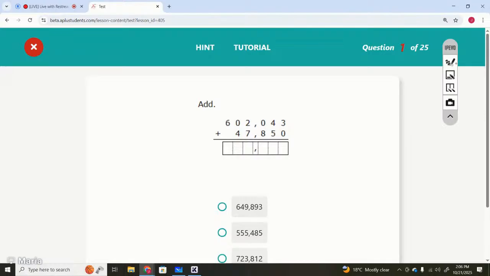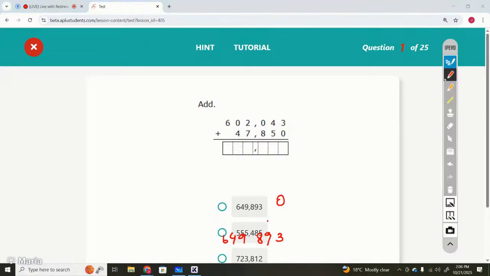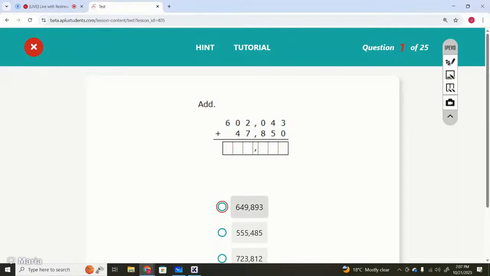Add 602,043 plus 47,050. So start adding from the ones digit. 3 plus 0 makes 3. 4, 5 plus 4 makes 9. 8 plus 0 makes 8. 7 plus 2 makes 9. 4 plus 0 makes 4 and 6 it is. That is 649,893. Option number 1 is the correct option.